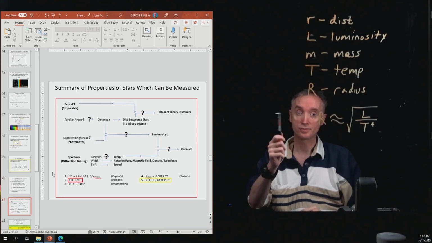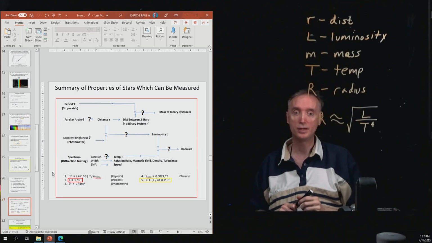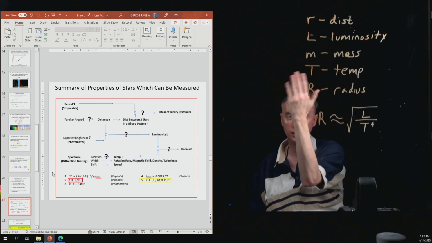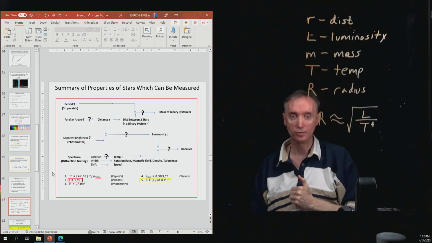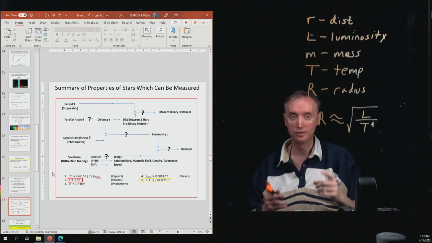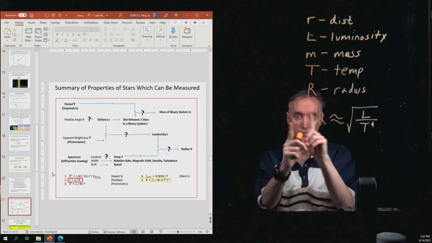So this might be something that you should be able to do. This chart here is a flow chart. On the left-hand side is what you start with. You've got a stopwatch, so you are able to measure the period of a binary star system.